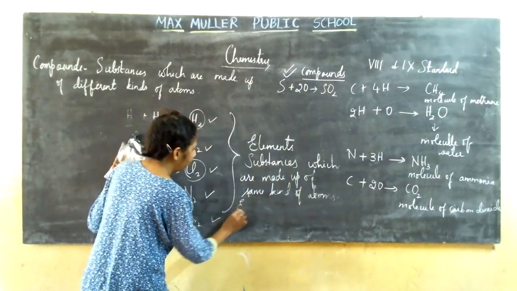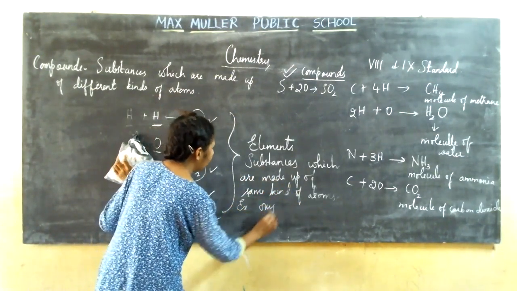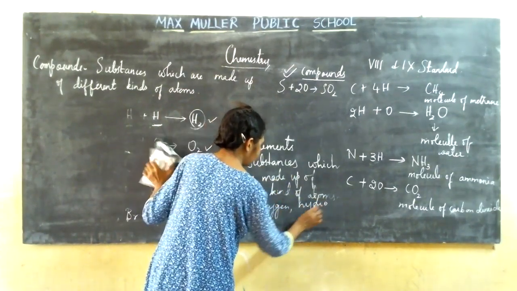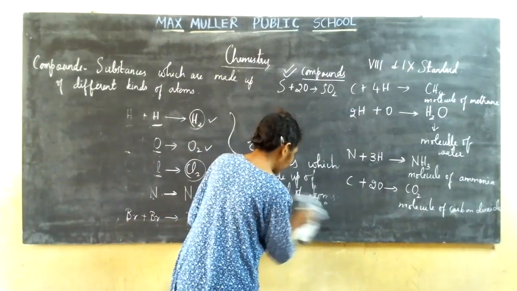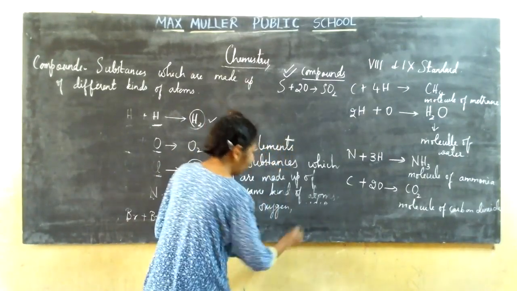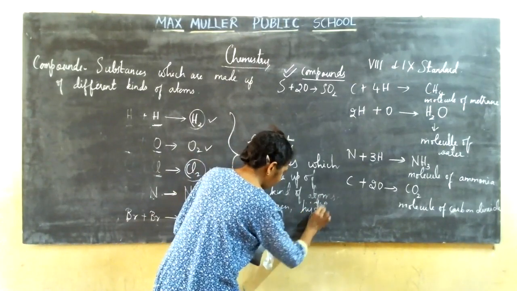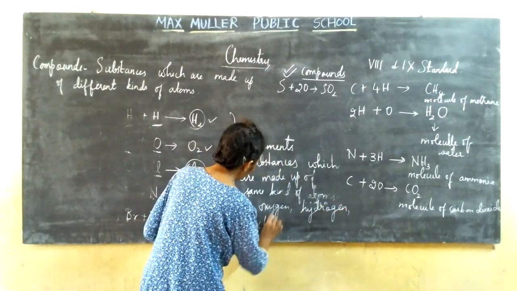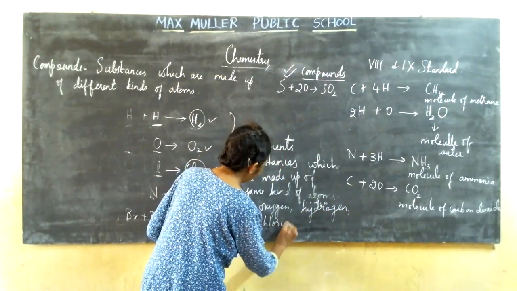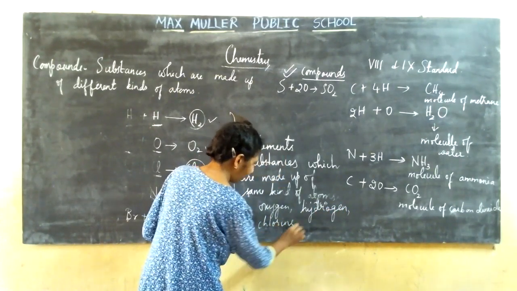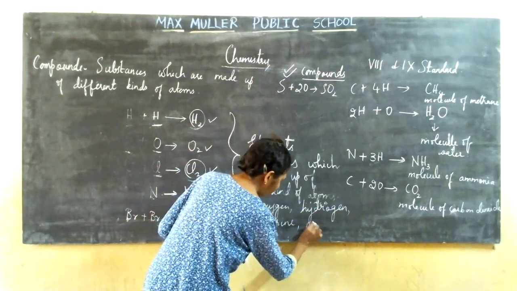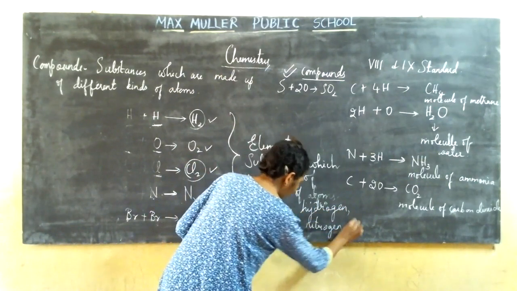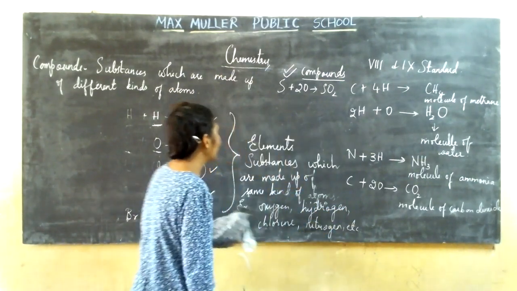Okay, example, you write down oxygen, hydrogen. You can't follow my handwriting. Oxygen, hydrogen, chlorine, nitrogen, etc. They all are examples of elements.